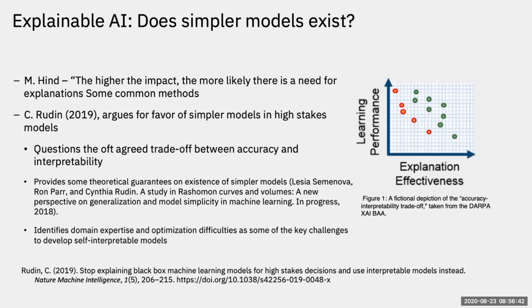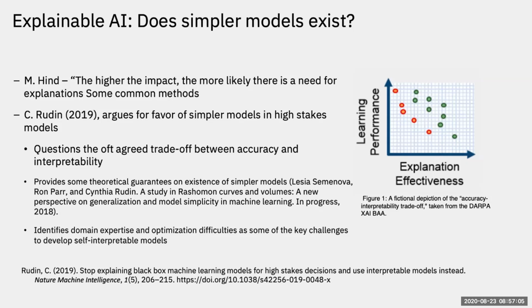Cynthia Rudin argues in her seminal work that there are simpler models for most high-stakes problems, and it is possible to find them. Her argument is actually against this oft-shown graph on the right, which shows that explanation usually comes at a cost of performance.